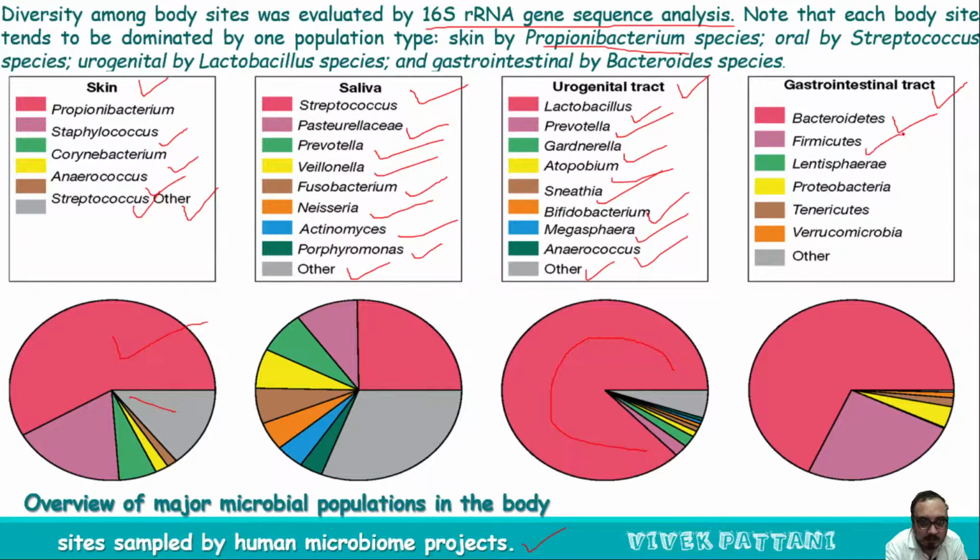Next comes the Firmicutes group, next Spirochaetes, next the Proteobacteria group, next Actinobacteria, next Verrucomicrobia, and the rest are other ones. You can clearly see that in this case the word group is used because there is a very wide variety of microbes present in the gastrointestinal tract.